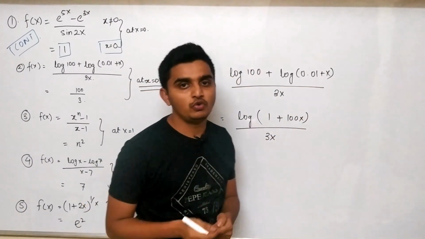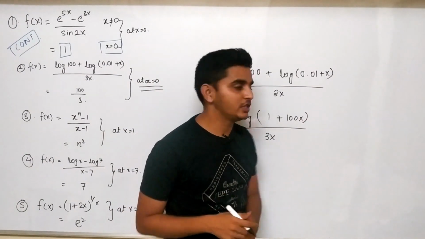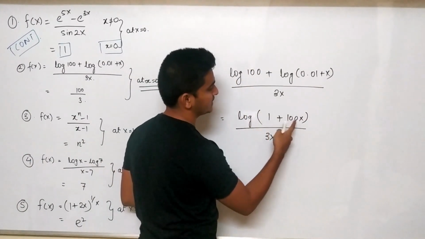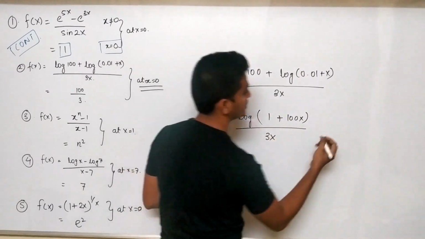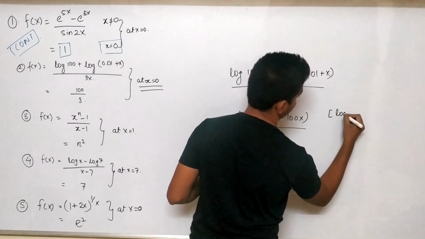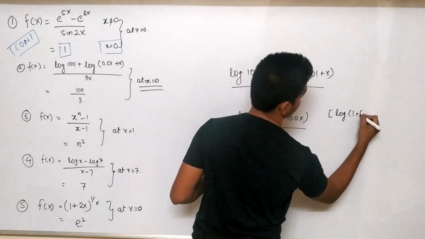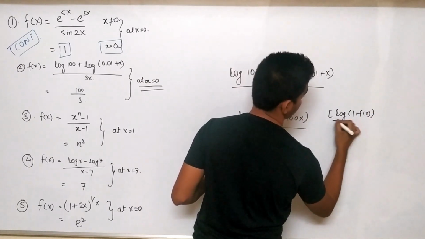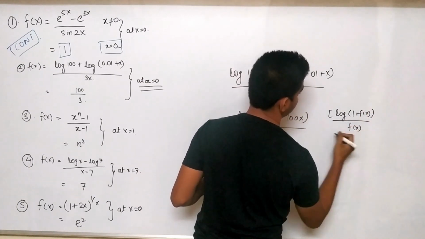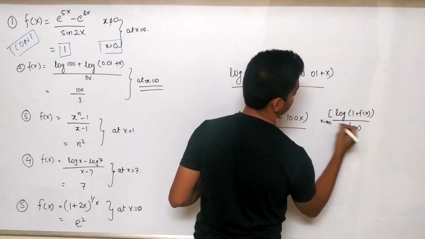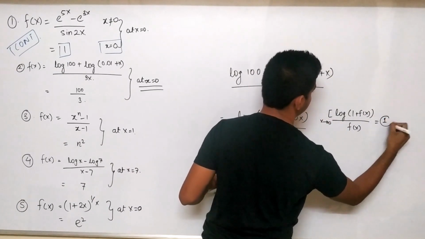Now you know a rule from this slide, which is log of 1 plus any function f of x upon f of x. When x tends to 0, this function is equal to 1, right?